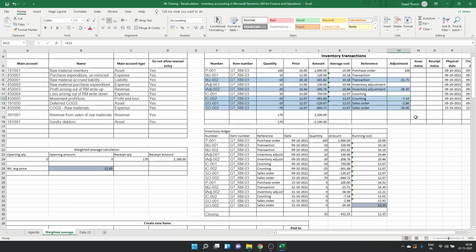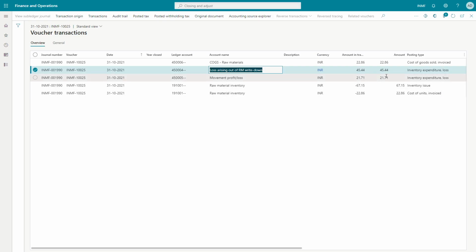So what is the amount? Yes, perfect. The loss appeared like this: movement general, one, two, these three transactions. That is 67.15.